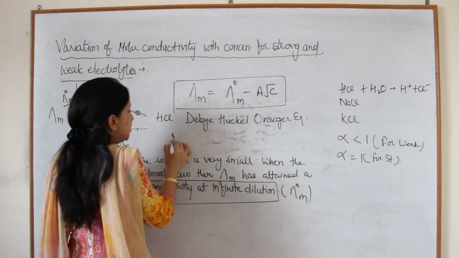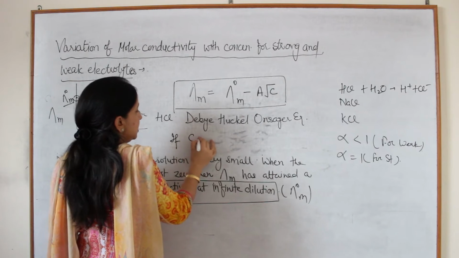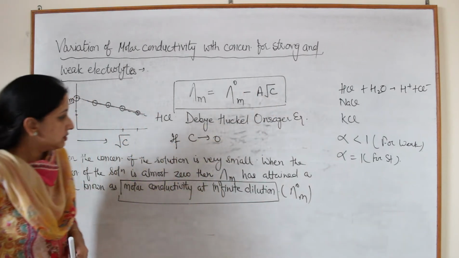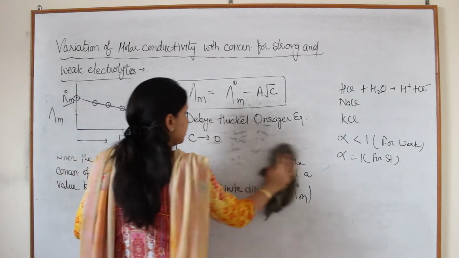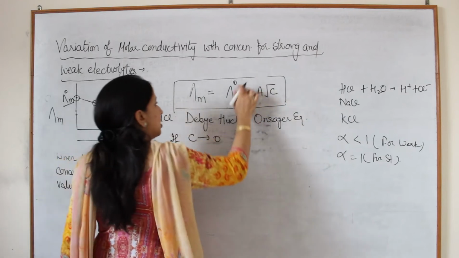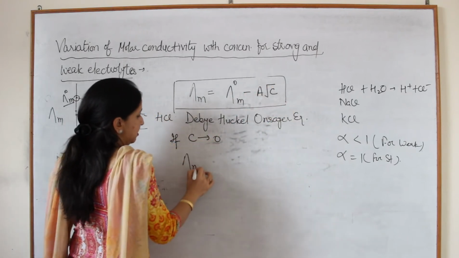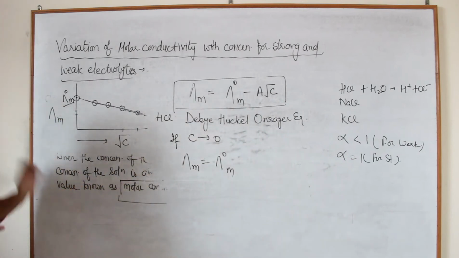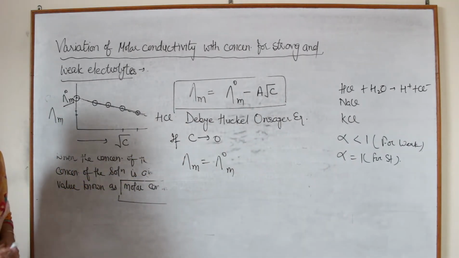And if C approaches 0, then lambda m will be equal to lambda naught m.